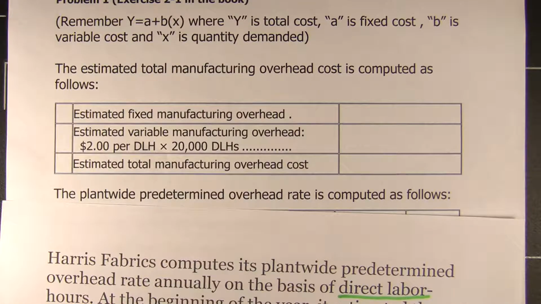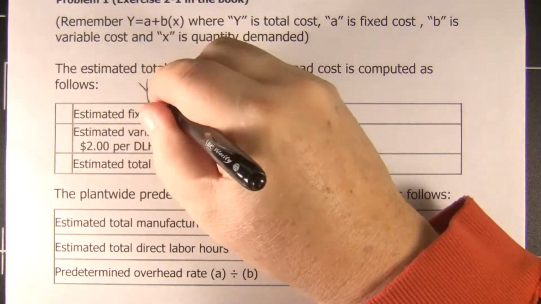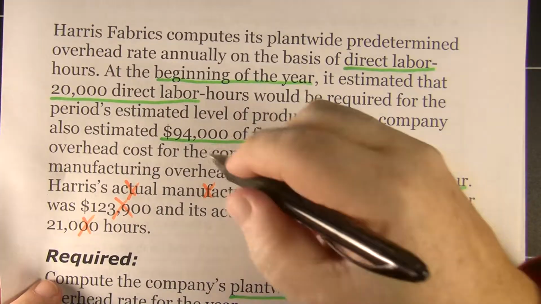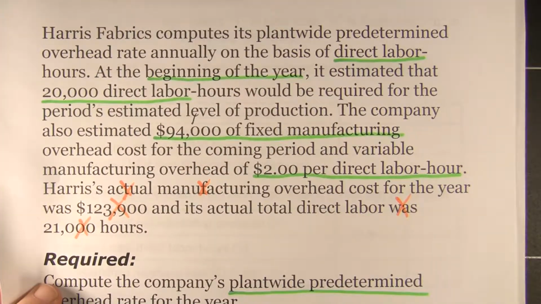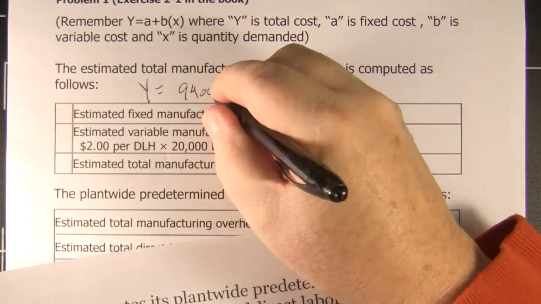Now, you're always going to be using the y equals a plus bx when you're doing a total cost formula. So let's figure out our y, etc. So our total cost. Our a is our fixed cost, 94,000.